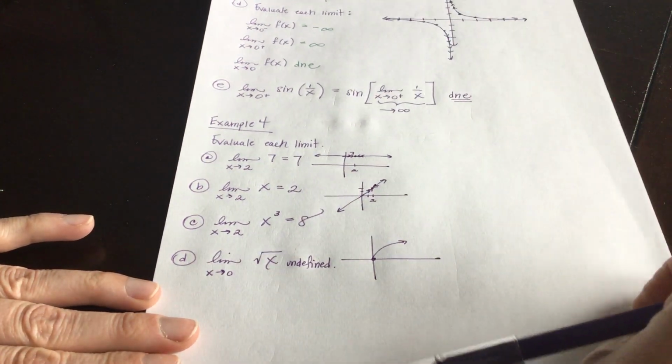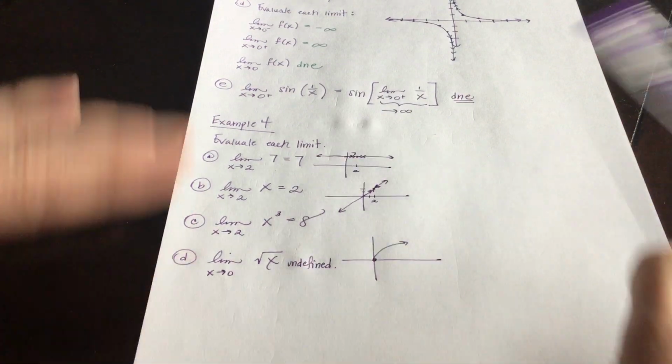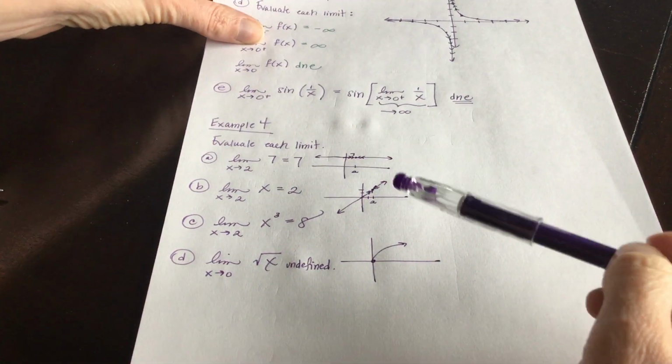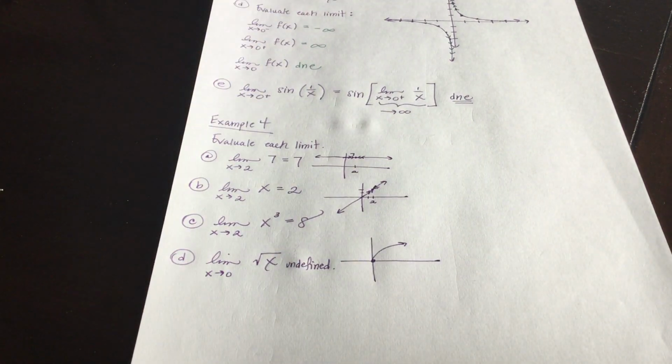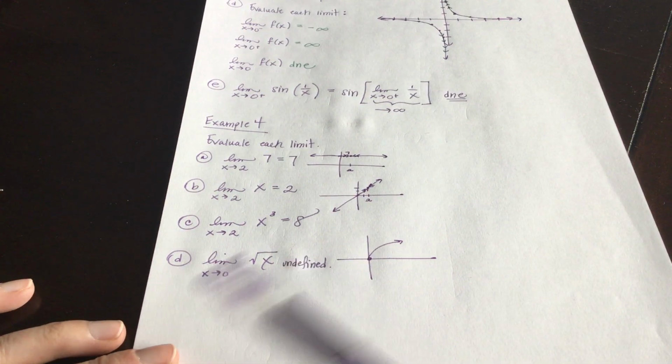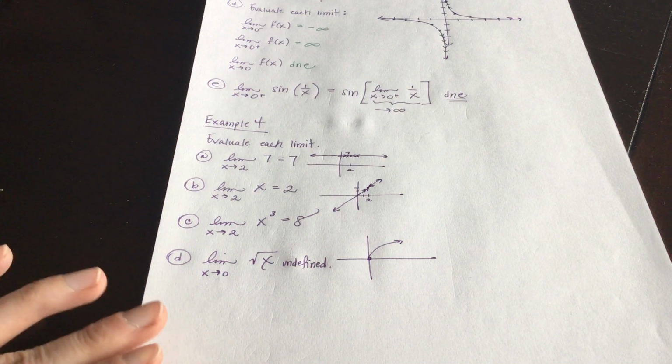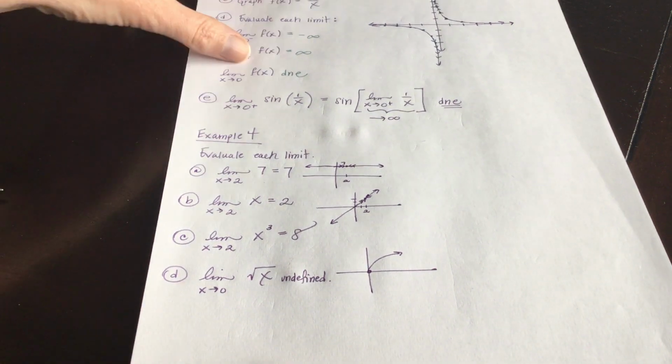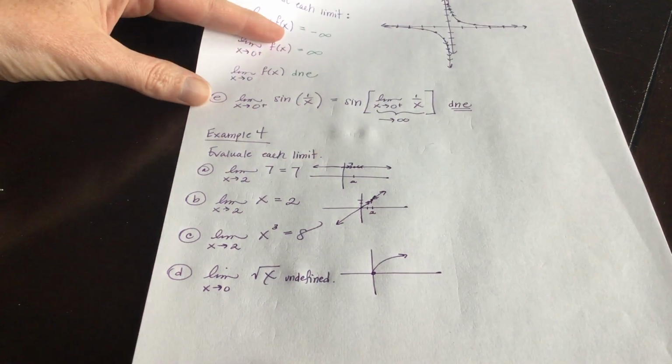All right, my friends. This example is dedicated to the fact that a lot of times you can kind of treat a limit like a plug-in, but part D here shows you why we're a little careful and we think about graphs or tables or something to validate what we've got.